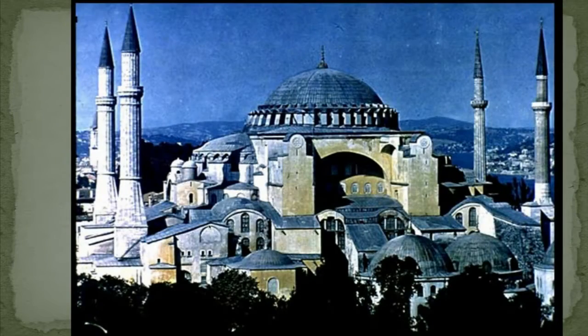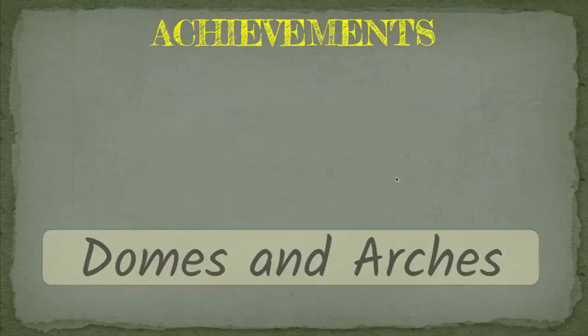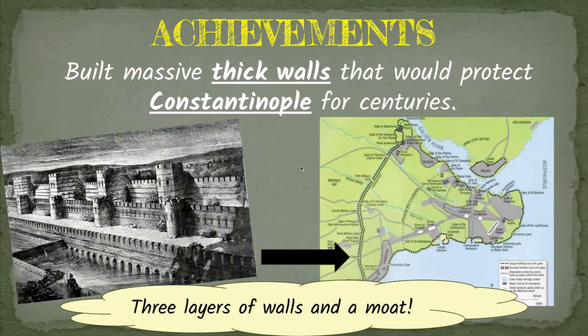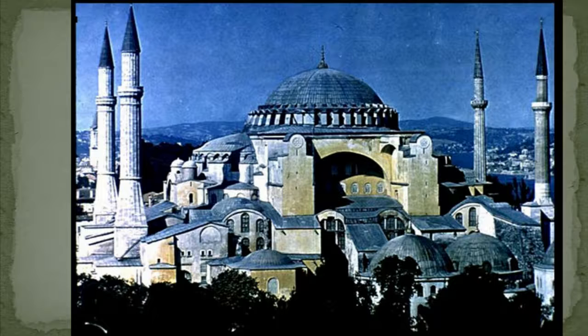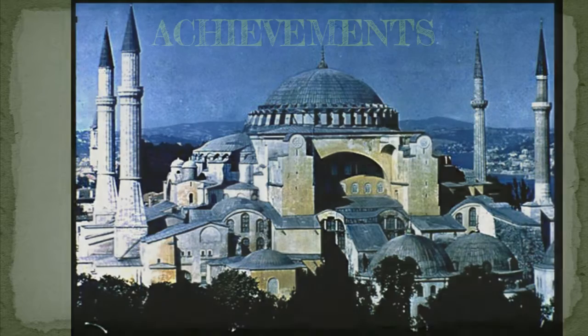You can see all the different domes and arches in this picture of the Hagia Sophia. It was this impressive building that when people showed up to Constantinople, they were so impressed at the sheer size of it, they knew that this must be a wealthy and powerful city.